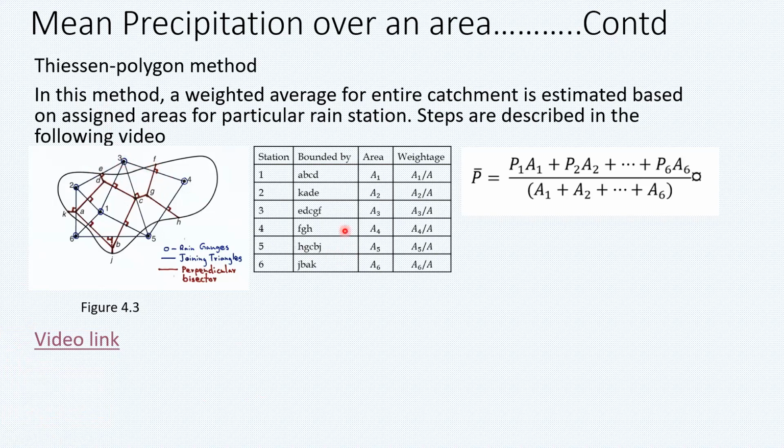So we calculate a weight for the rainfall at each station by dividing the area subjected to that station by the total area of the catchment. So please watch this video.